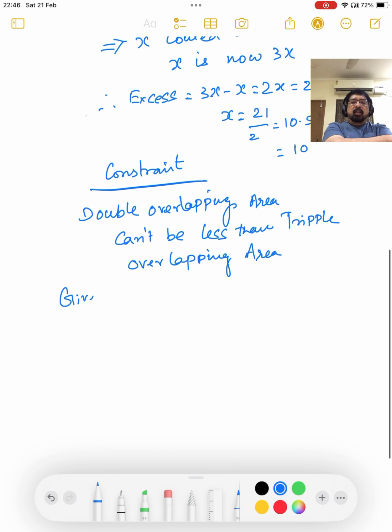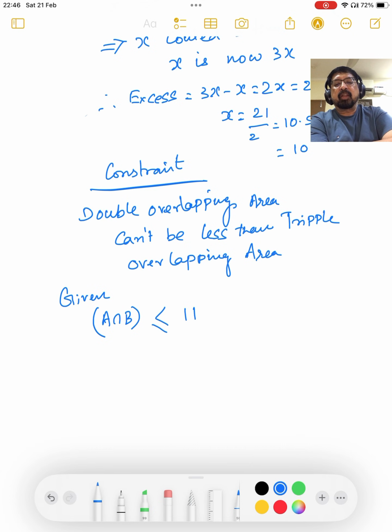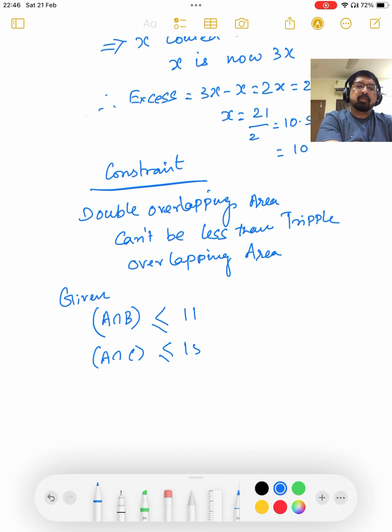And now let's see whether the constraint is met. Given is N of A intersection B is less than or equal to 11, A intersection C is less than or equal to 15, and B intersection C is less than or equal to 15.